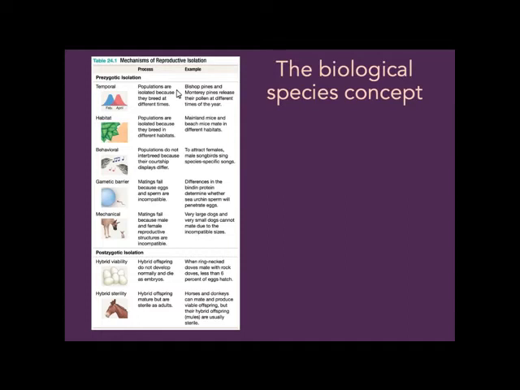Okay, there's also mechanical reasons why you may have reproductive isolation prezygotically. It's a very cute little picture here of a Great Dane and a Chihuahua. So it's basically just saying that the matings fail because the male and the female reproductive structures are incompatible. They just don't fit together, right?